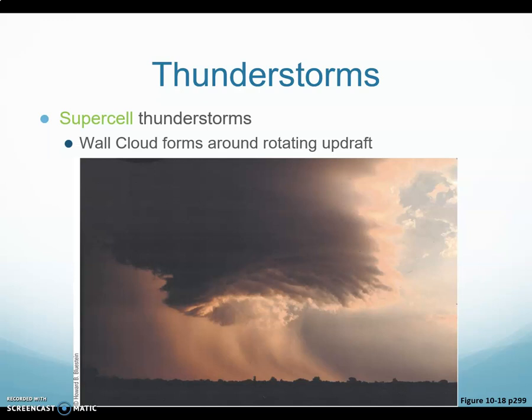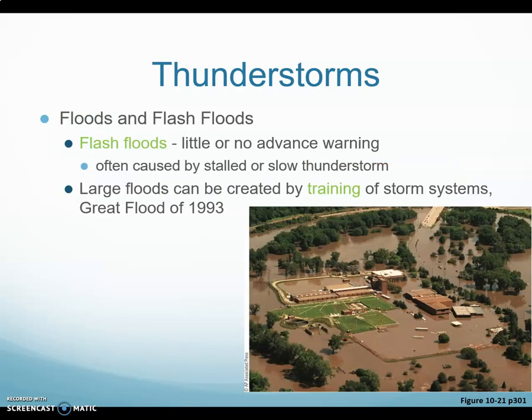Let's shift gears a little bit to another effect that happens because of thunderstorms, and that is flooding. Flooding, of course, happens when it just rains and rains and rains, and you get floods. Here in Florida, we see that fairly often.